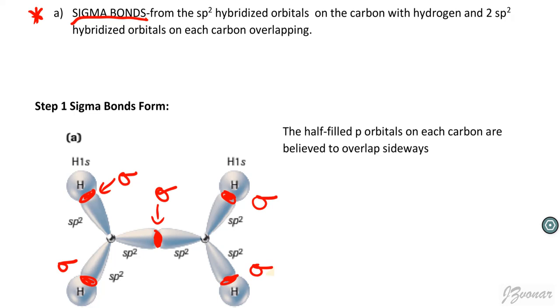So we have 5 sigma bonds. In electrons, I'm going to have 2 electrons being shared here, 2 here, 2 here, 2 here, and 2 here. They're going to overlap end to end.